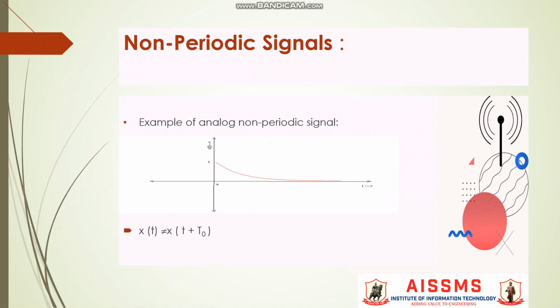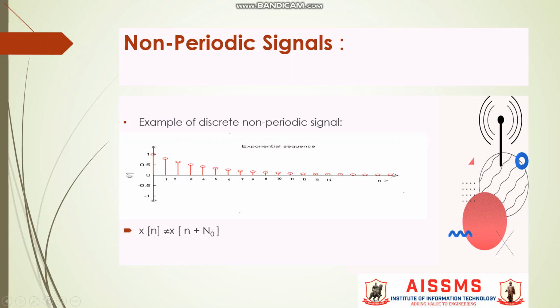On the contrary, aperiodic or non-periodic signals do not repeat themselves and do not satisfy the condition of periodicity. Examples of such a signal for CT and DT domains are as seen.